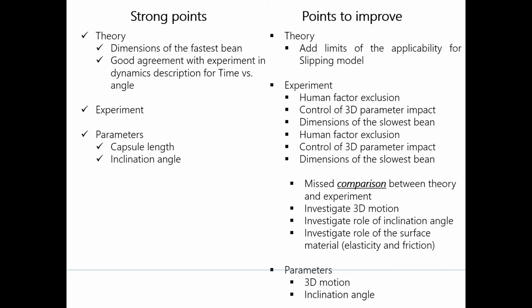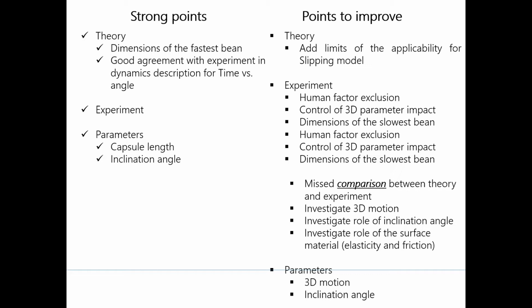That's a really good point, in my opinion. And also the reporter changed the capsule length, capsule diameter, and also the inclination angle. But of course, there are some points to improve, and the main one is to add the range of applicability of the reporter's theory, for example, of the slipping model.